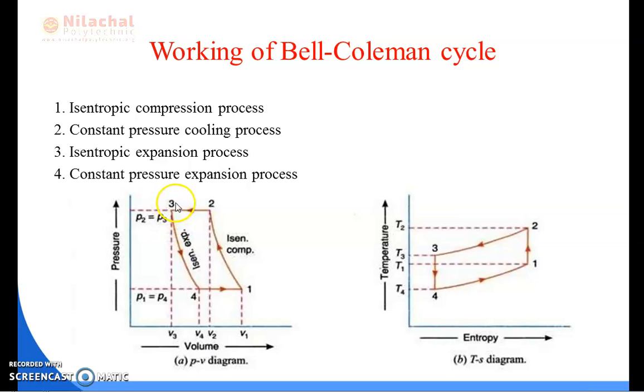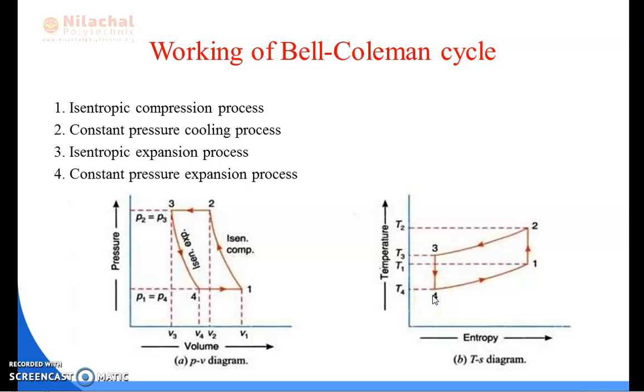The air from the cooler is drawn into the expansion cylinder where it expands isoentropically from the pressure P3 to P4, which is equal to atmospheric pressure. The temperature of the air falls from T3 to T4.